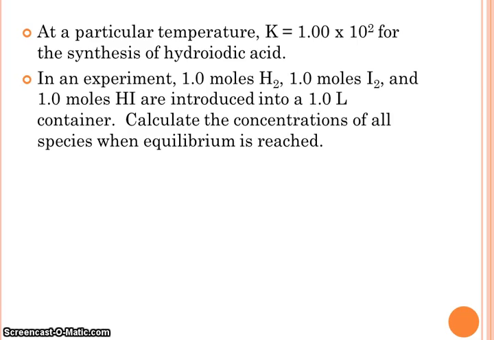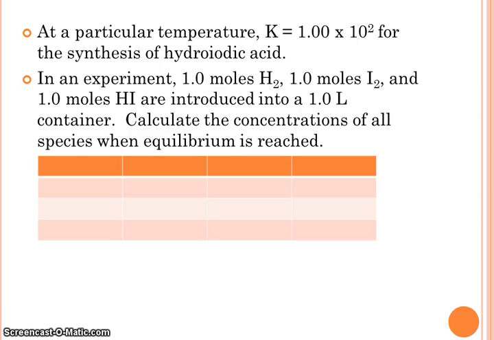Now, an easy part of this problem is that it's giving us the moles of everything, and it's a 1-liter container, so the moles will equal the molarity. And what we're going to want to do is make our ICE chart. So in this case, we are synthesizing hydroiodic acid, so we're going to have our hydrogen and our iodine and our hydroiodic acid.